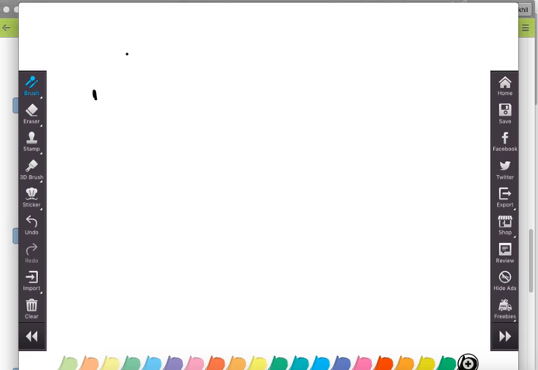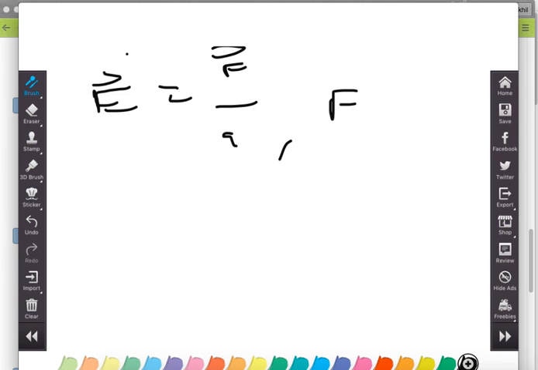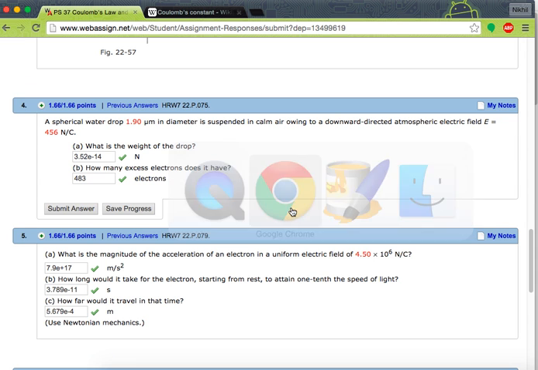So E equals F over q. And so then we can multiply by q, and we don't need to worry too much about the direction of this. It doesn't give us any directions anyway. Eq equals F, and then it gives us q, right? Let me check.